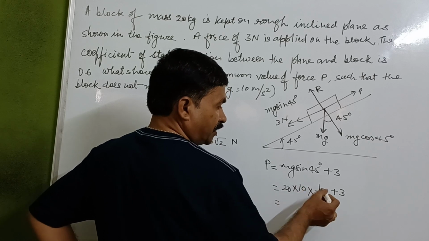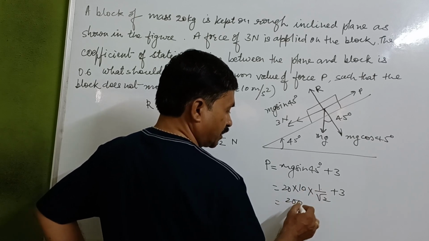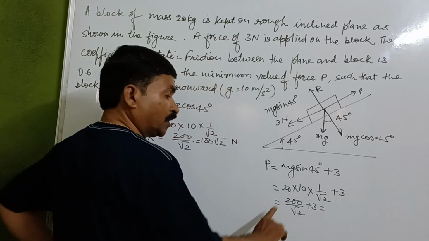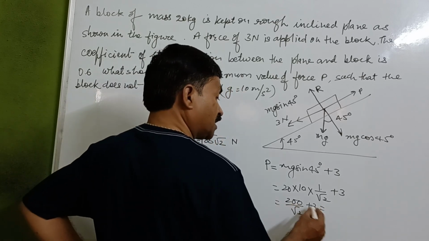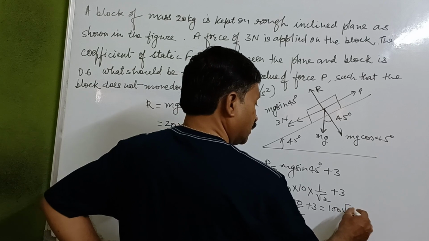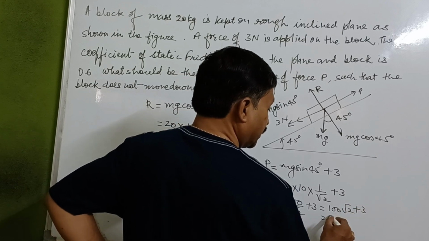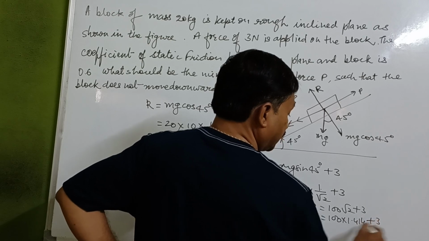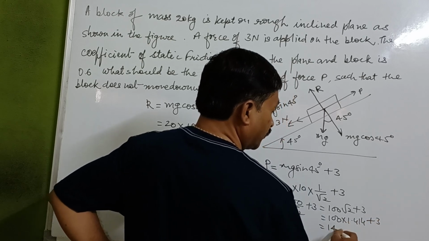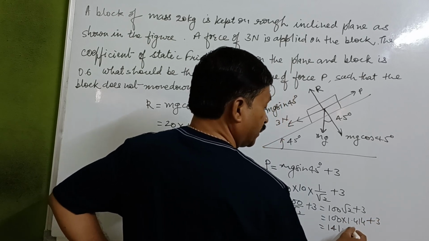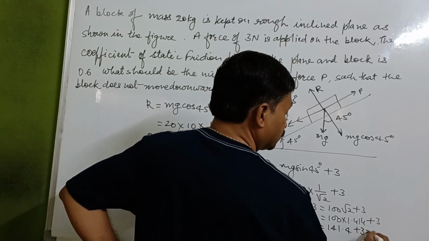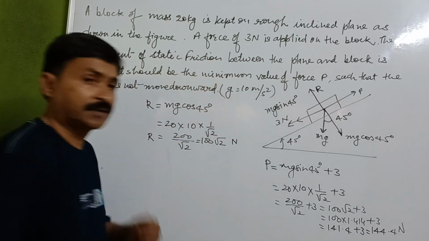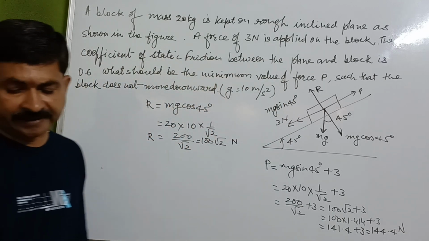It is 200 upon root 2 plus 3, and 200 upon root 2 means 100 root 2 plus 3, and 100 root 2 means 141.4, plus 3, so it will be 144.4 Newton. This is the force which is acting.